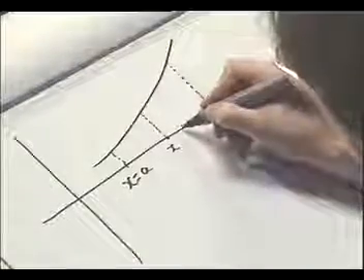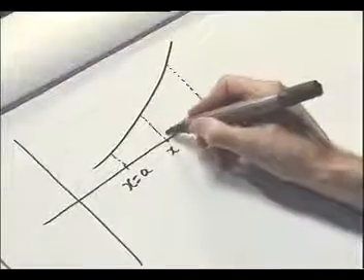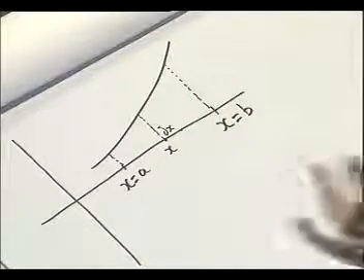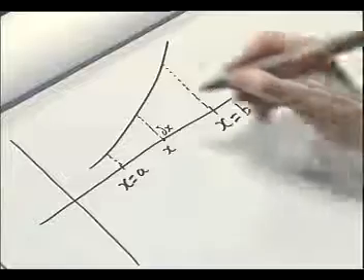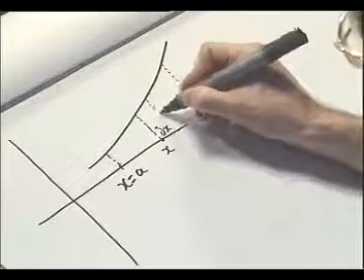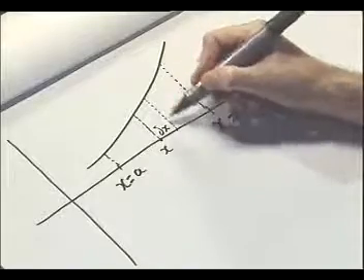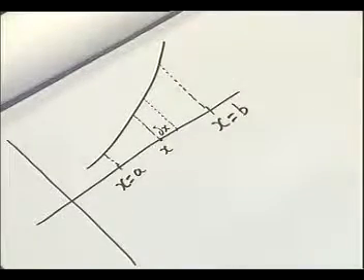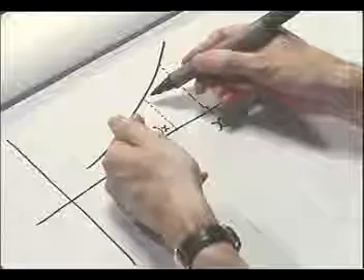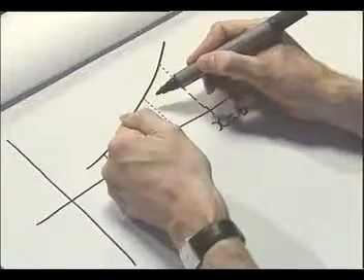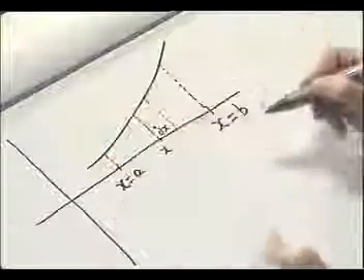Let's move on a small distance, delta x, a small positive increase in x. And let's again identify the ordinate going up to the curve. Now, when we rotate these two together, there isn't a great deal of difference between this and this.